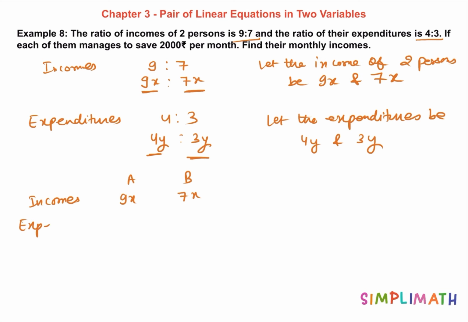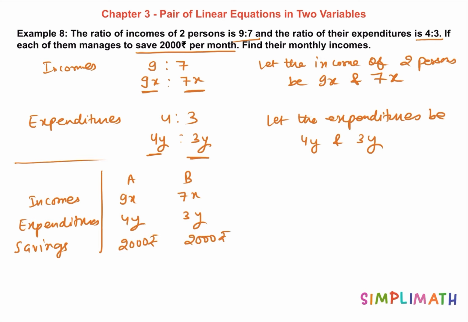The expenditures are 4y and 3y. Now we are given that the savings are, what are the savings? They each save 2000 rupees per month. So the savings are 2000 rupees and 2000 rupees for both of them, right?